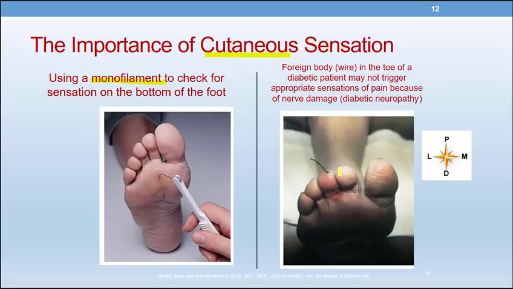And so it's important to monitor cutaneous sensation in these individuals, because if they lose their sensation, what can happen is they can have a wire in this case, or let's say they step on a tack, they could walk around with this tack in their foot for quite a long period of time before somebody else notices that it's there. And at that point, it could have already led to infection.